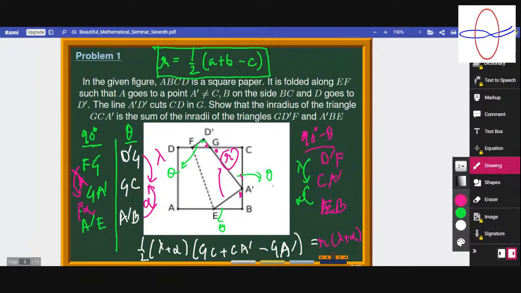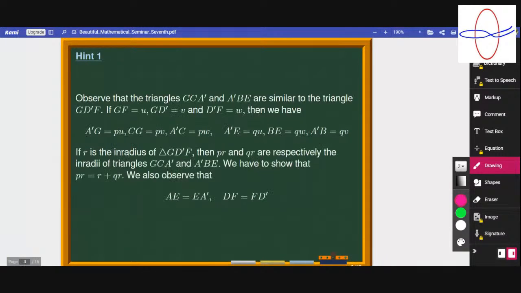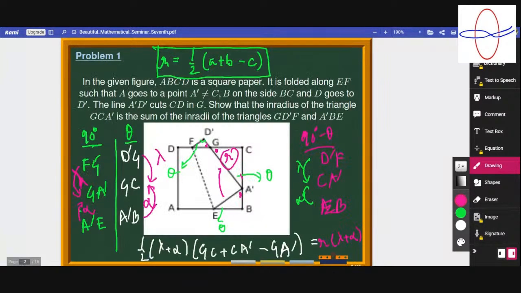What's on your mind? Inradius, not circumradius. So how can you prove this? You have to prove that the sum of the dilation factors is actually 1. How can you prove this?